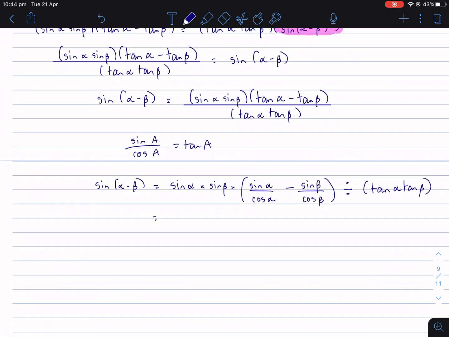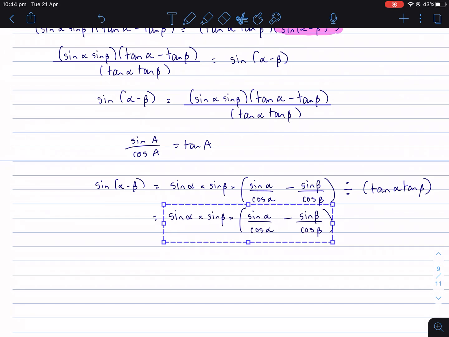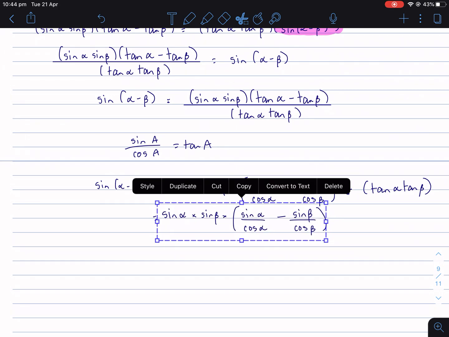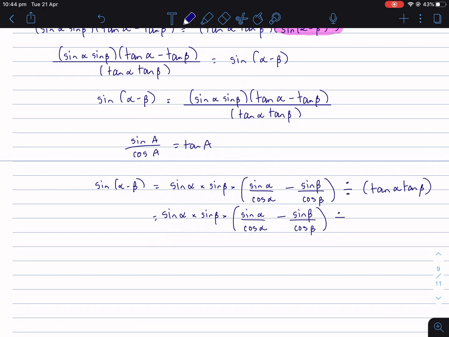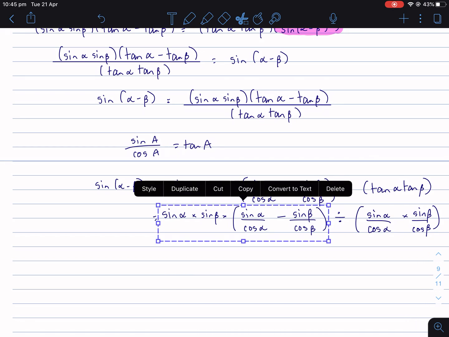So that gives me, I'm not going to expand this yet, that divided by sine alpha on cos alpha sine beta on cos beta. And now, instead of dividing, I'm going to keep flip change.